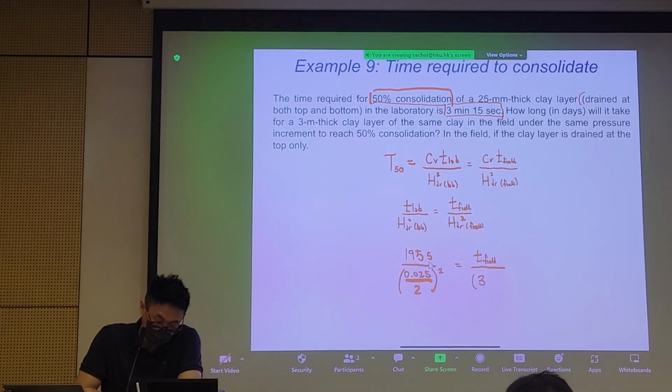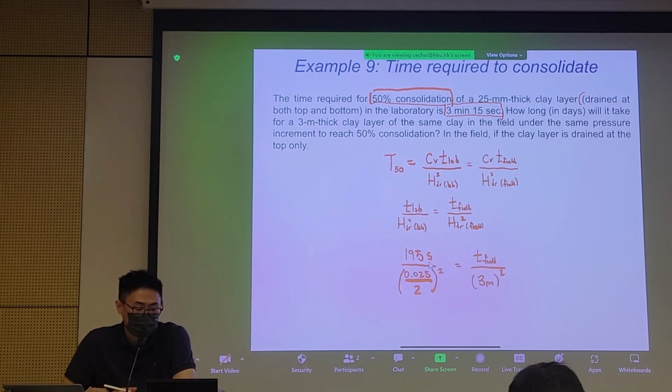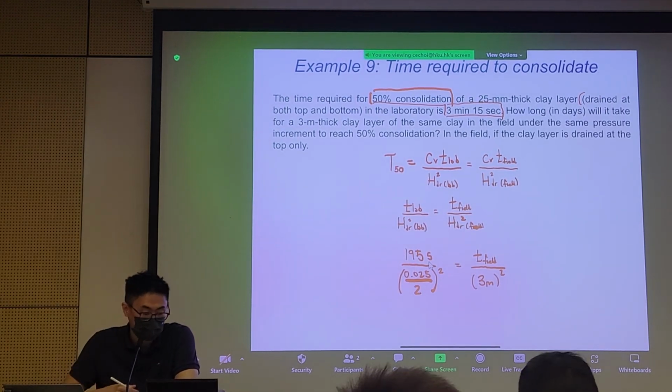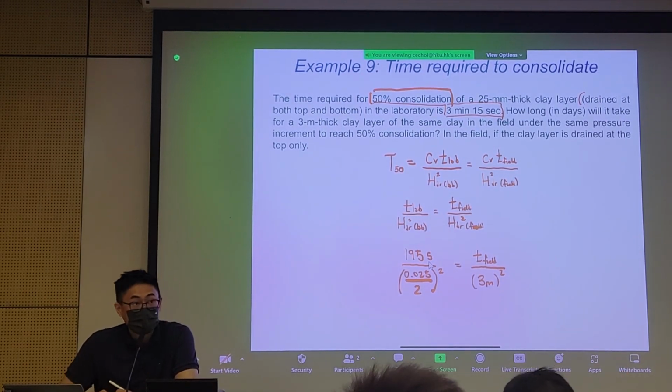But we know that in the field we have 3 meters. Why don't we divide by 2 in the field? It's because in the field it's only single drainage, right? In the lab for odometer you have top and bottom drainage. You probably have a porous stone. So we take the field layer for single drainage as is. We don't divide it by 2.